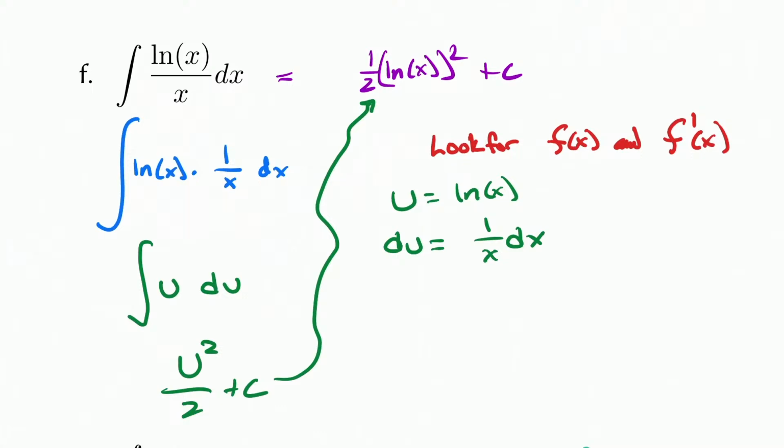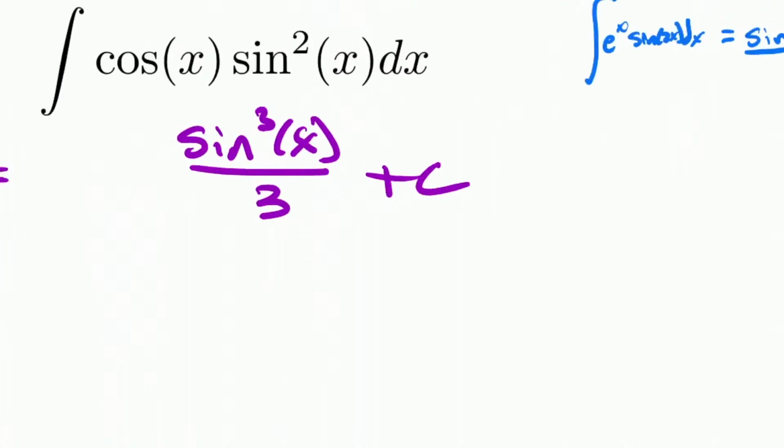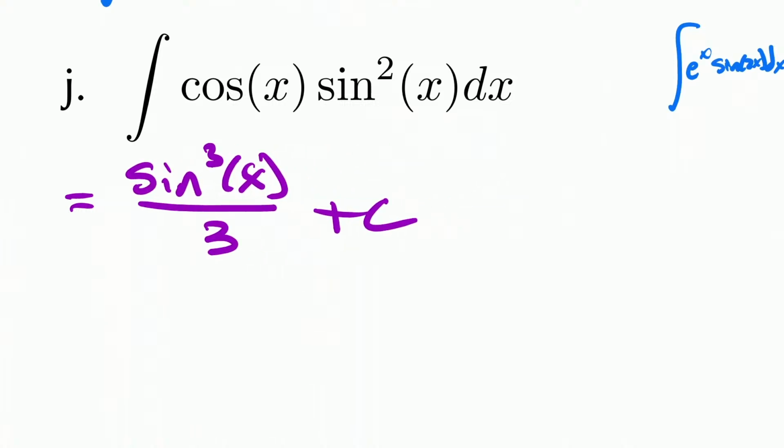So you're looking for a function and its derivative, and that's how it clues us into the idea of using integration by substitution. By the way, all of those trig integrals, that's what you're doing, you're trying to set up a situation where you have a function and its derivative. And let's take a look at this one, which once again, I just did in my head, but you might have needed a little bit more time. So here, the function and its derivative.